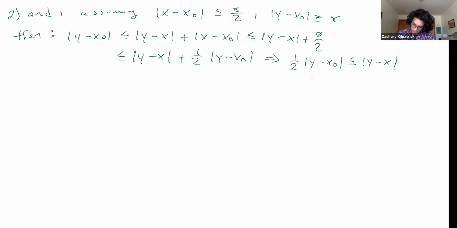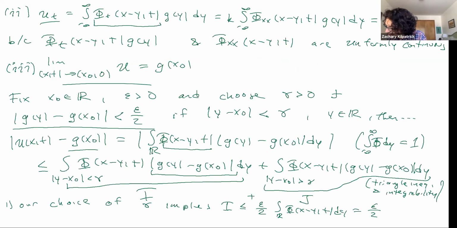Now, why do I need that, okay? Well, to help me bound my integral J, okay? So my integral J is going to be bounded from above by 2 times just the maximum value of g. So remember my integral J was here, right?